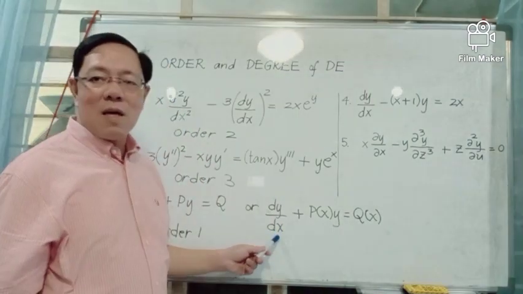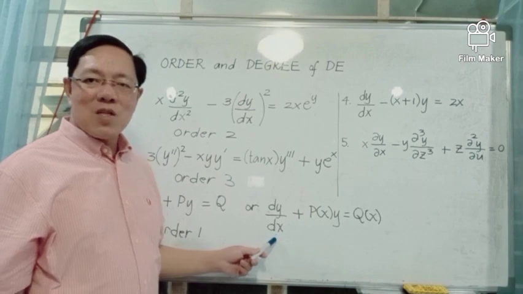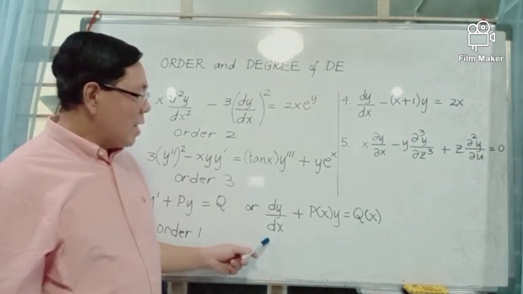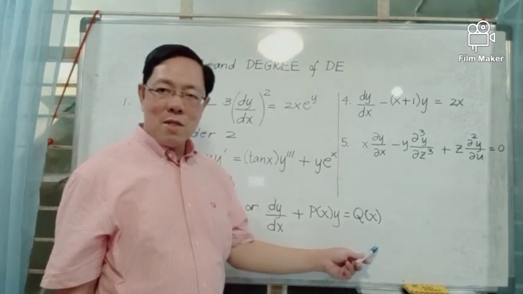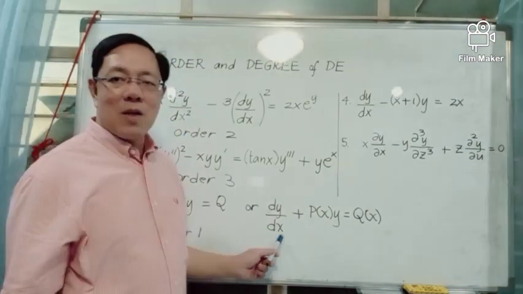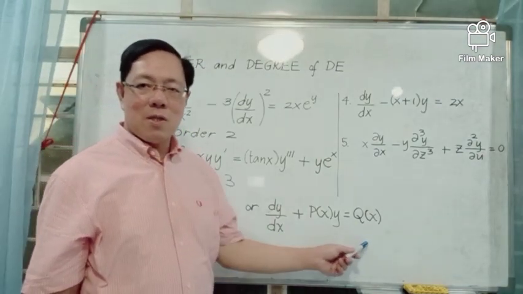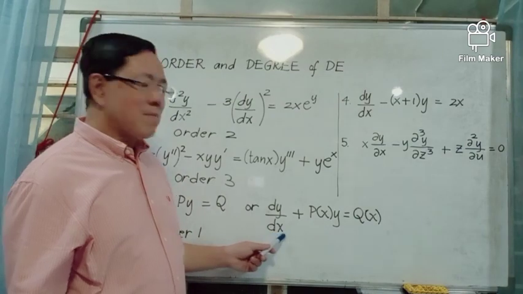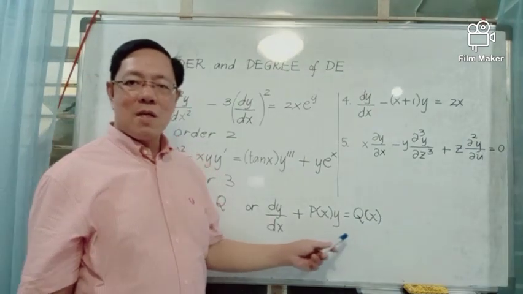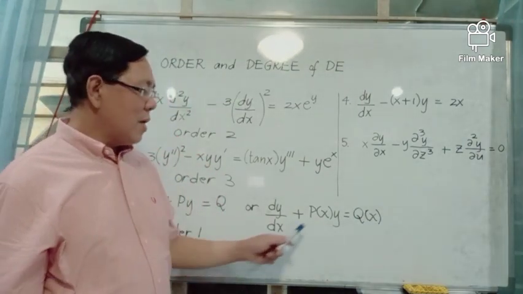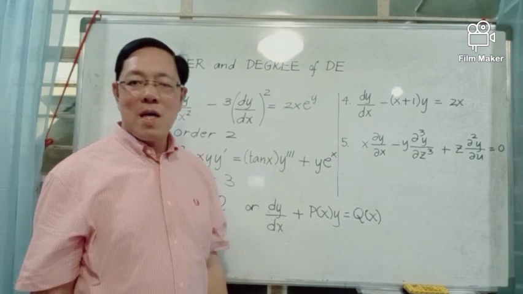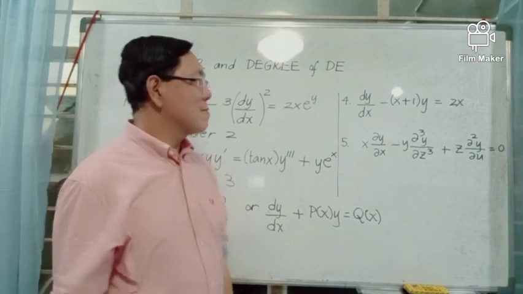This is again a differential equation of order 1, it is a linear equation, and it is an ordinary differential equation. Hence, this is a first order linear ordinary differential equation.